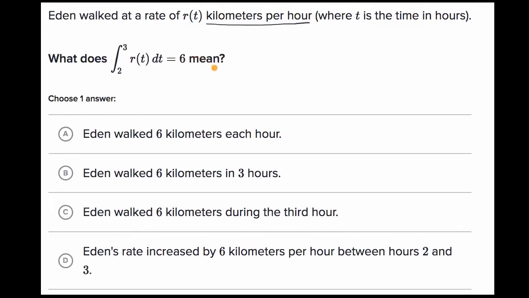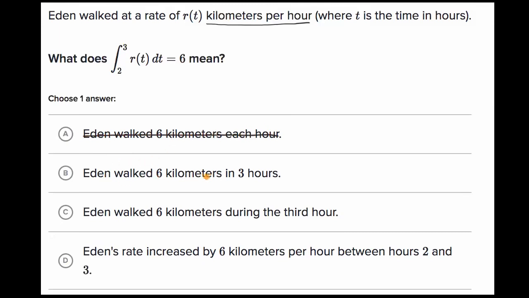So let's see which of these choices match that. Eden walked 6 kilometers each hour. It does tell us that from time 2 to 3, Eden walked 6 kilometers, but we don't know what happened from time 0 to time 1, or from time 1 to time 2. So I would rule this out.